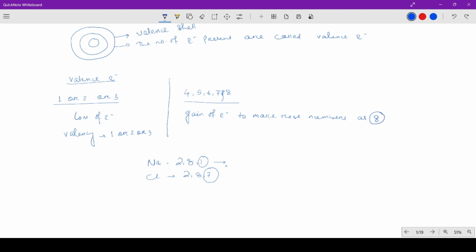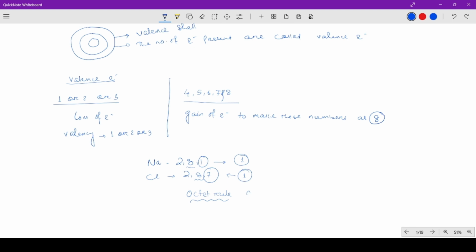So sodium will lose 1 electron and the valency will be 1. Similarly, for chlorine, it will be easier to accept 1 electron rather than to lose 7 electrons. Hence, the valency of chlorine is also 1, right? And why is this? You see, after the loss or gain of electrons, these atoms have 8 electrons in their outermost shell, which represents the octet rule.